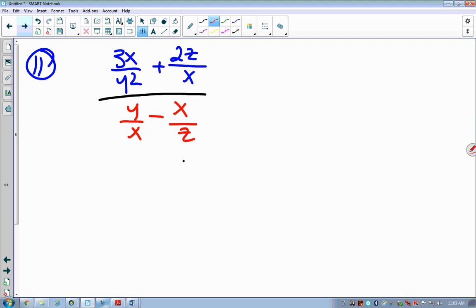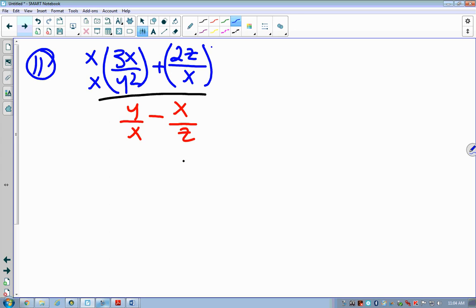Okay. All right. So you've got fractions on top. You got fractions on the bottom. In order to combine or add or subtract fractions, I got to have a common denominator, right? Okay, common denominator on my numerator is xyz, correct? Okay. So this is going to be times x over x.